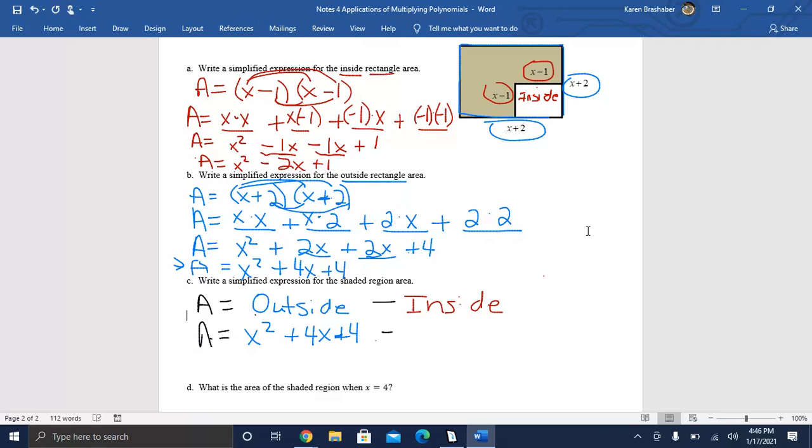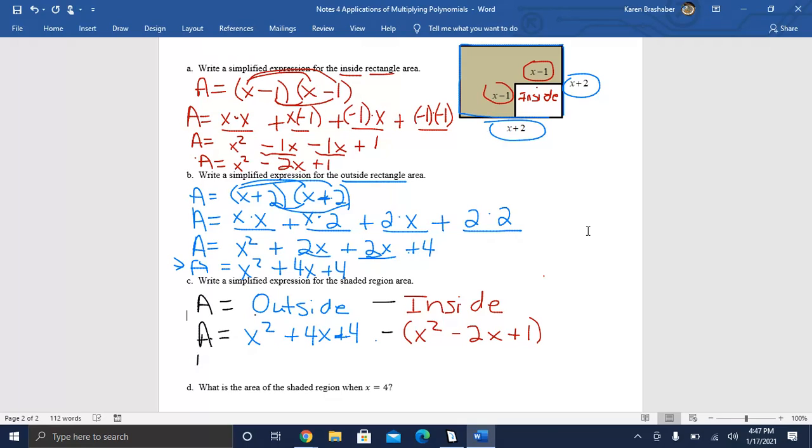Now, the inside area, I want to subtract that entire expression. So I have to use a parentheses around my x squared minus 2x plus 1. So now I'll work on simplifying that expression.